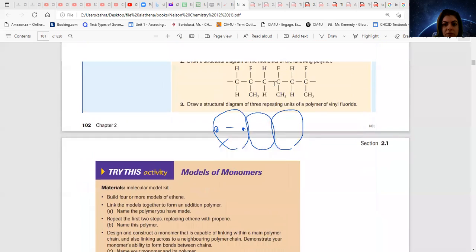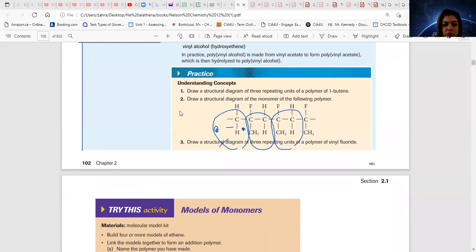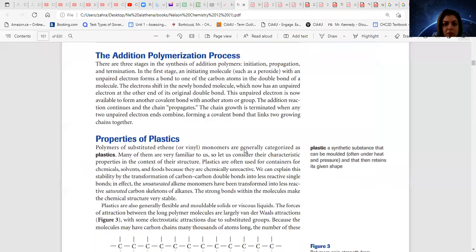So for the questions, you do question number 1, 2, 3 on page 102. The addition polymerization process, you can read that yourself.